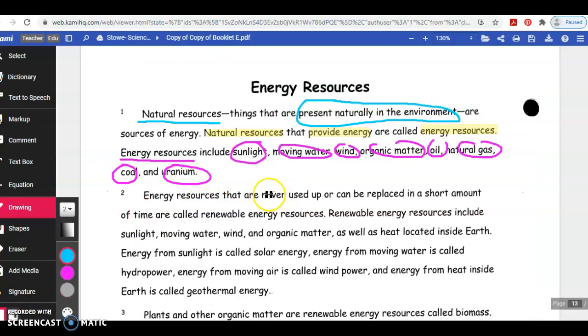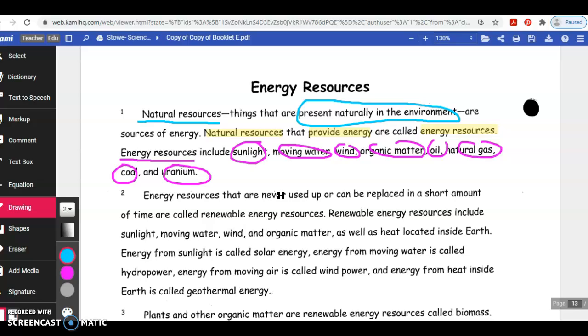So if you would, please look at page 14 again and follow along as I read paragraph 2. Energy resources that are never used up or can be replaced in a short amount of time are called renewable energy resources.